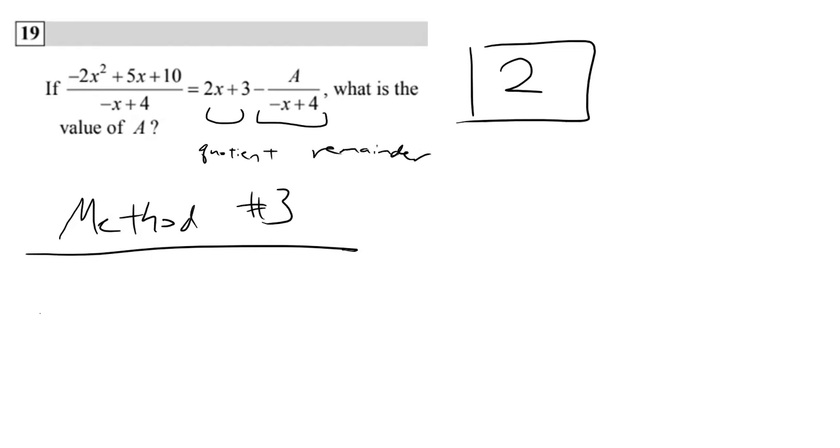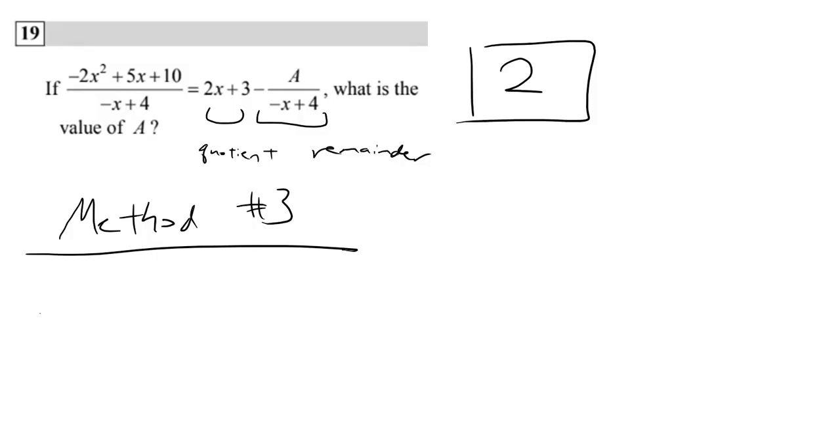When we divide a quadratic, a polynomial with degree 2, by a polynomial of degree 1, we should get a polynomial of degree 1 as a quotient, which we do right over here. So the remainder must be a constant, a, which it is in this case.